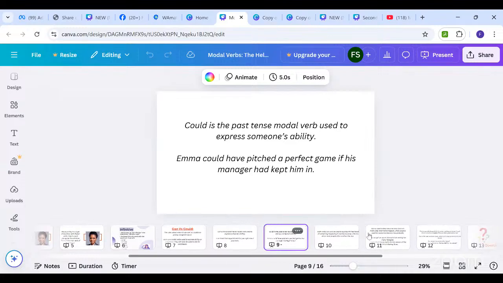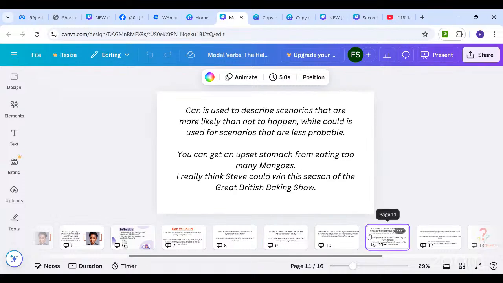Aside from that, can also be used to describe things that are likely to happen or not happen. So for example, you can get an upset stomach from eating too many mangoes. Too many is usually used for negative things. So this can happen.